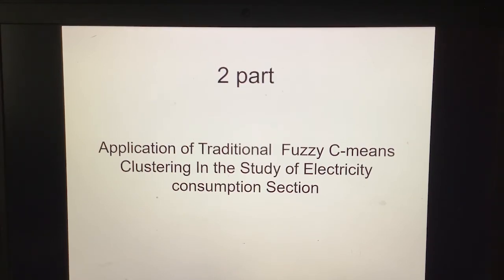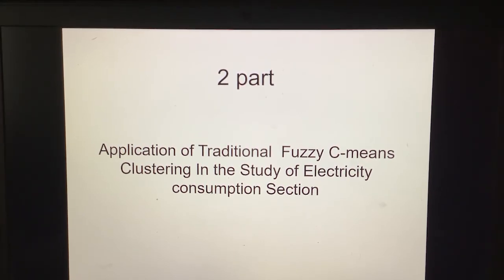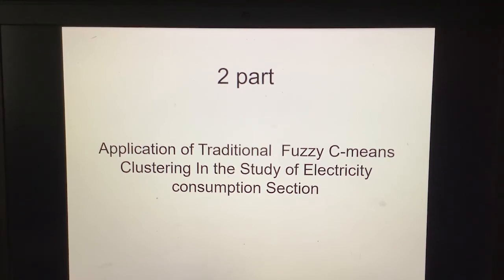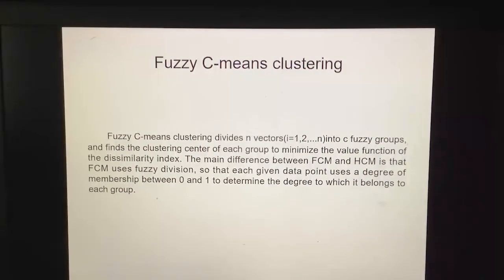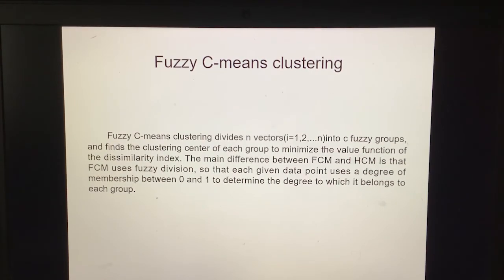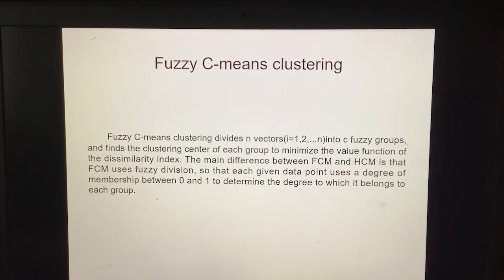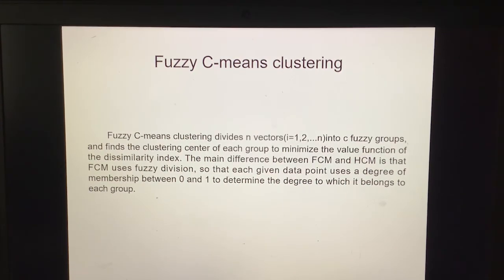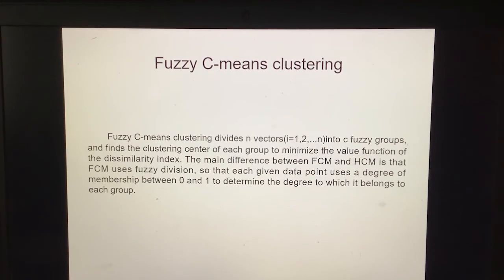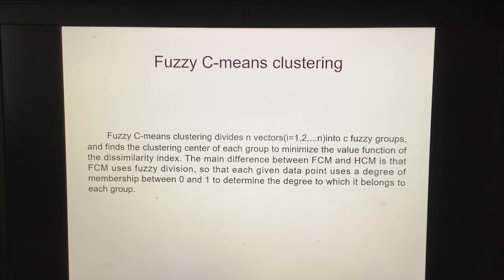Part 2. Application of traditional fuzzy means clustering in the study of electricity consumption. Fuzzy means clustering divides n vectors into C fuzzy groups and finds the clustering center of each group to minimize the value function of the dissimilarity index.